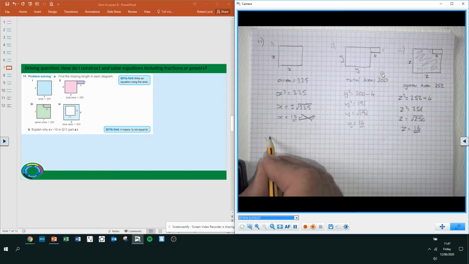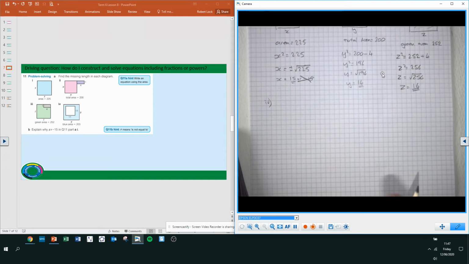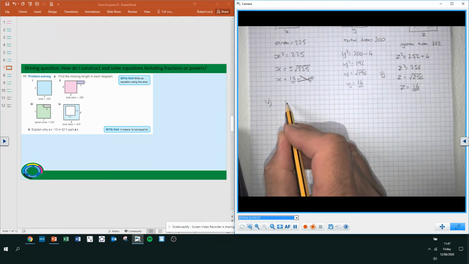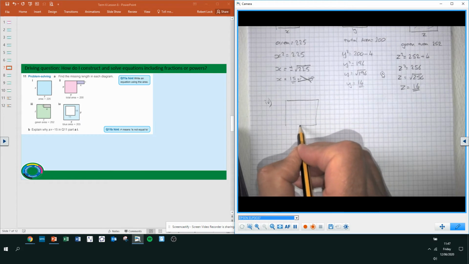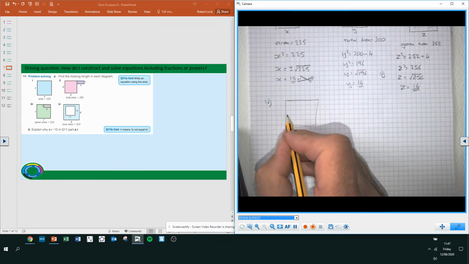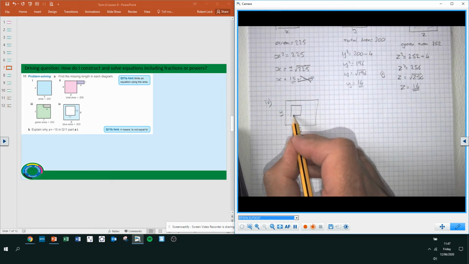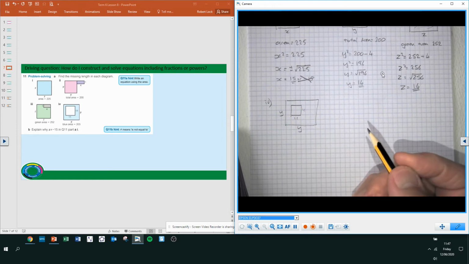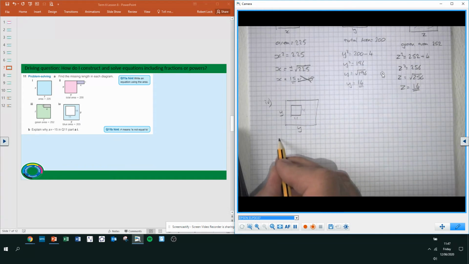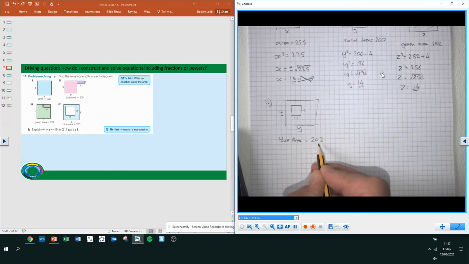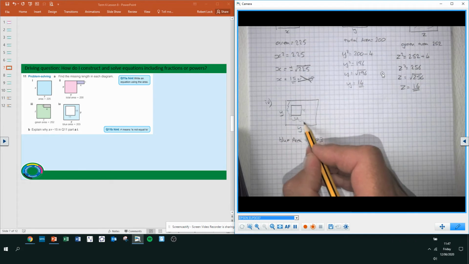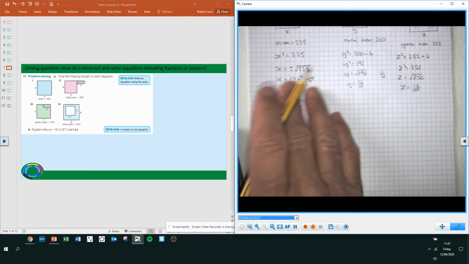4. We have a box which is y by y, y by y. And inside the box we have another box which is 11 by 11. Blue area equals 203. So this is the blue area here. We need to find the whole area.